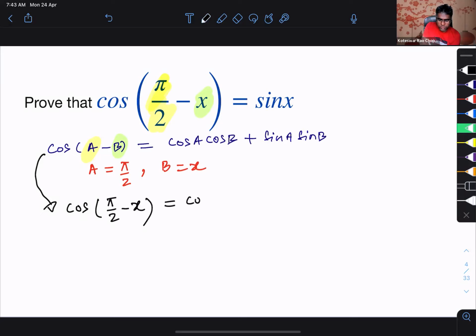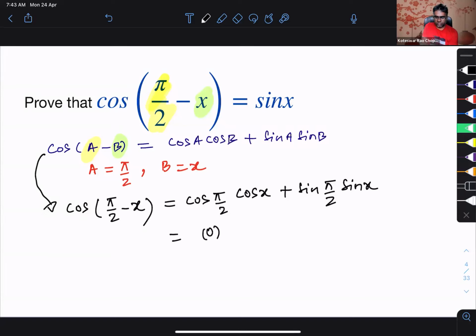So this becomes cos of pi by 2 and cos x plus sin pi by 2 and sin x. Now, what is cos pi by 2? Cos pi by 2 is simply 0. And then whatever cos x gives you doesn't matter. You're multiplying by 0.